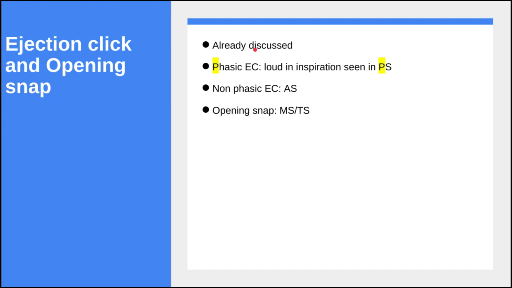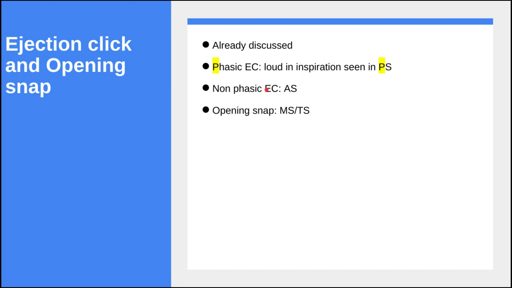Ejection click and opening snap already discussed. Phasic ejection click is seen in pulmonary stenosis. The right side of the heart ejection click will be affected by respiration, and the left side of the heart will have a non-phasic ejection click.